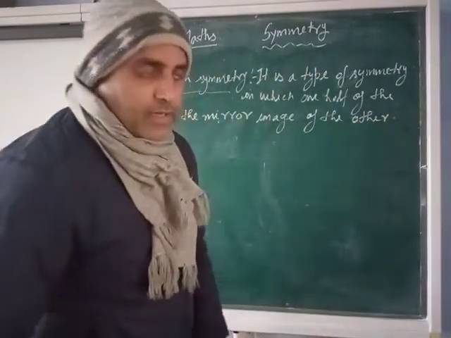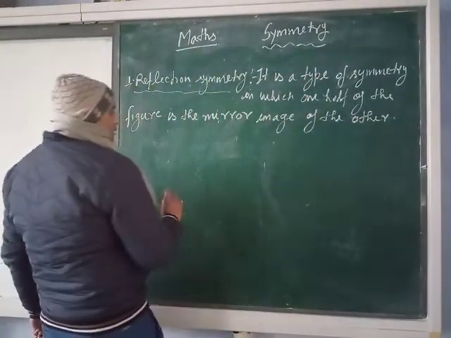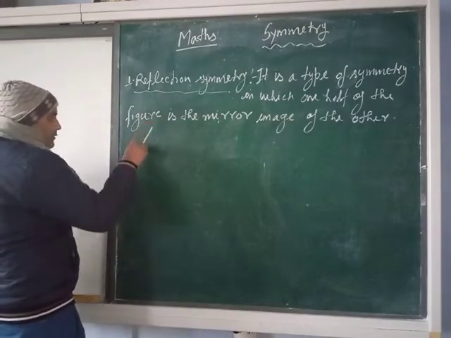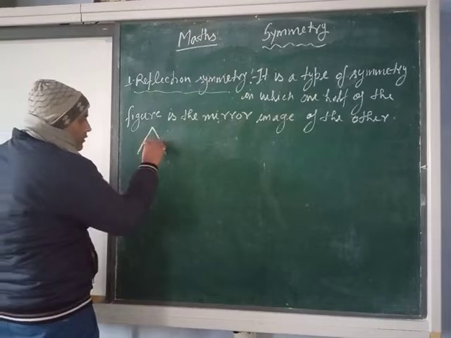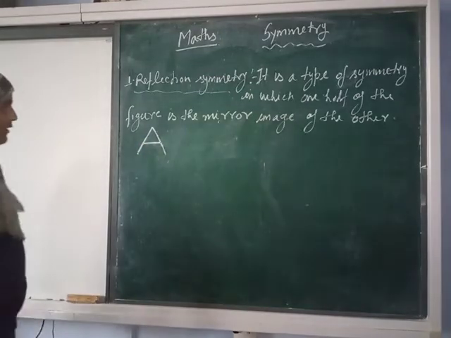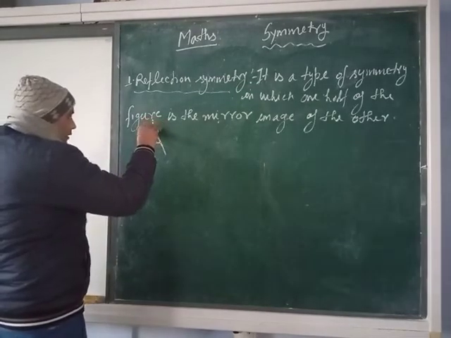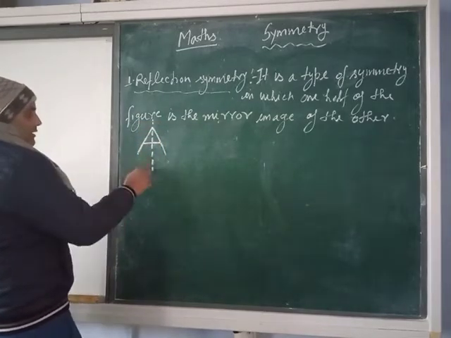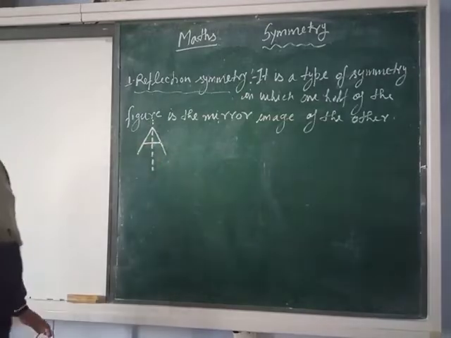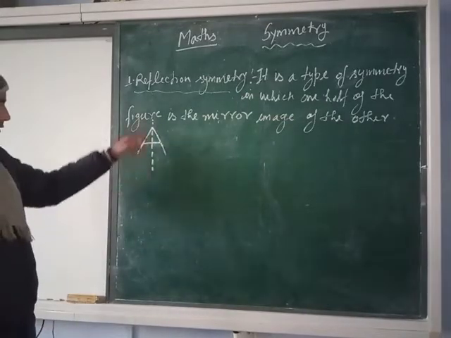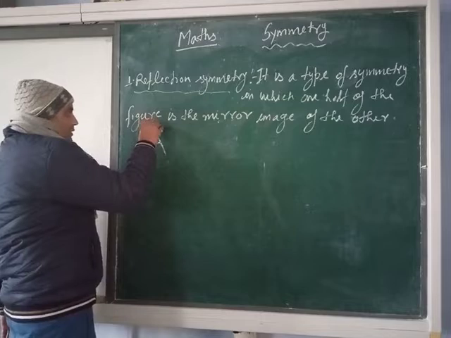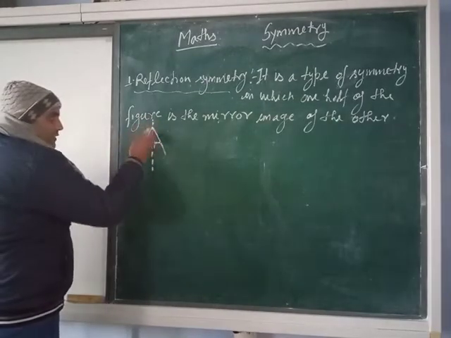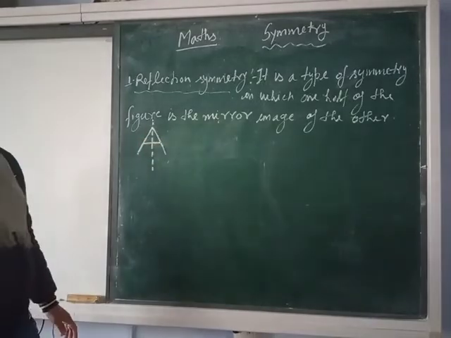Means see, if we take a letter A, okay, is it clear? Draw letter A. Then if we draw a line like this, then this is the symmetry about this line, because here the same figure is the second one.